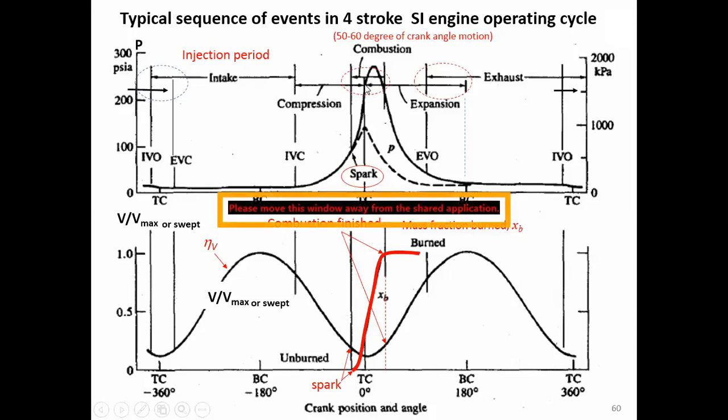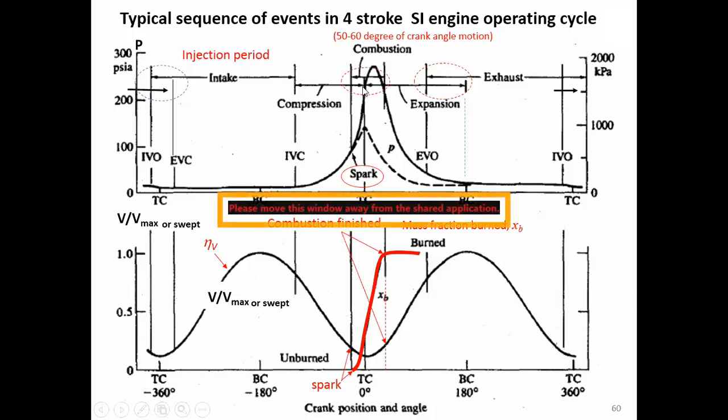Right? Until at this point, where the piston is at the top dead center, right? This point. After this point, the piston starts moving down. But look at the pressure. Even though the piston is moving down and the volume in the cylinder starts to increase, the pressure is still going up.